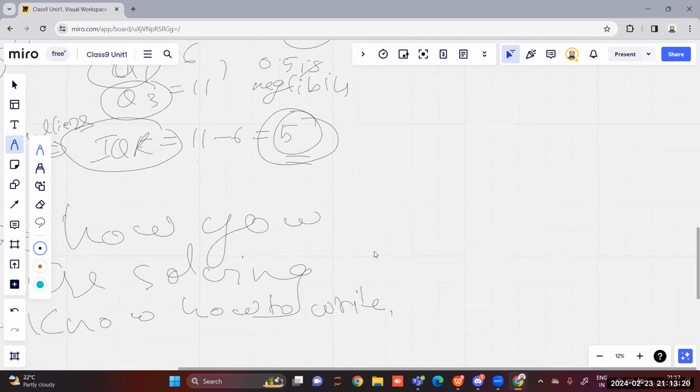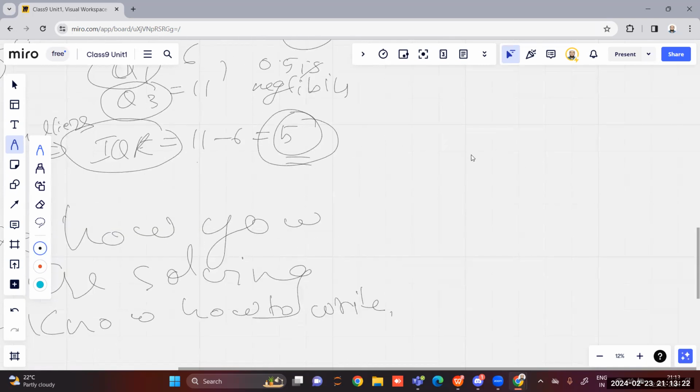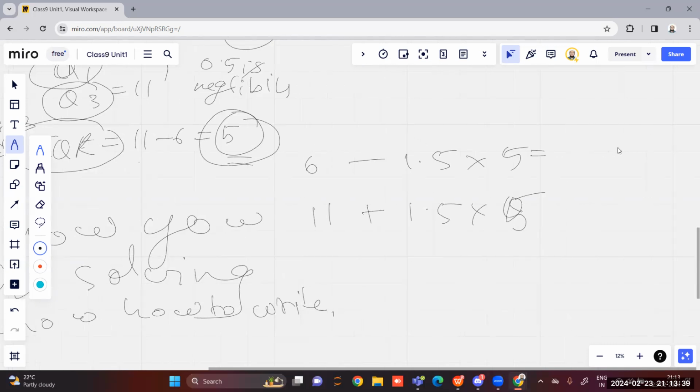We'll do it once. So it will be IQR, 1.5 into 5. What we have to do is that Q1 is, I think, 6 minus, and Q3 is 11 plus. 5 into 1.5 is 25, 2 carry, 5 on the 5 is 7.5.